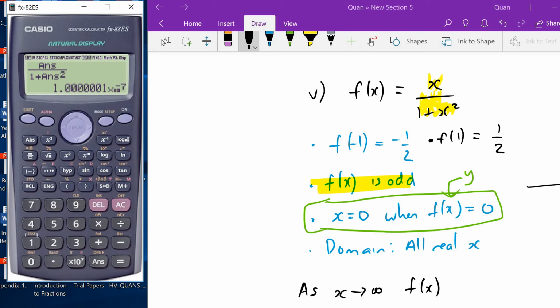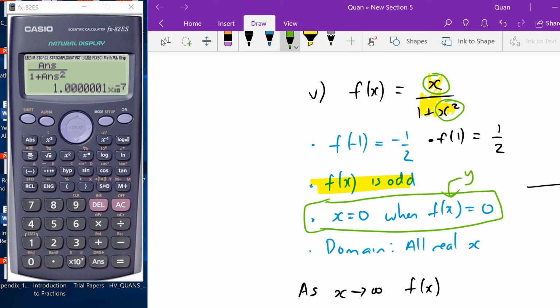If you sub in a very large positive number, you're going to get something that's very close to 0, but still positive. The reason why is because this x squared is so powerful that, no matter what value you put in, it eliminates the x value on the top, because x squared grows so much faster than x.